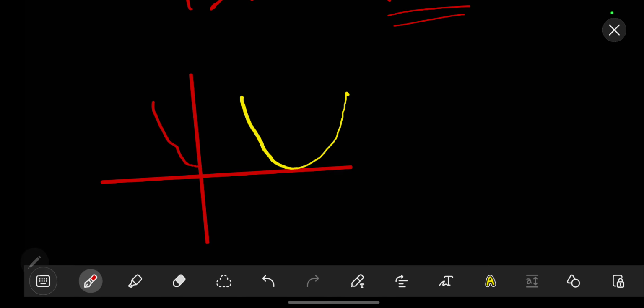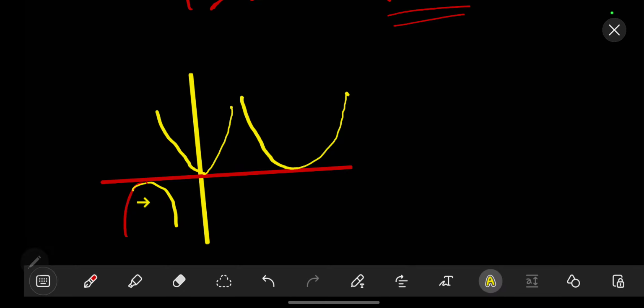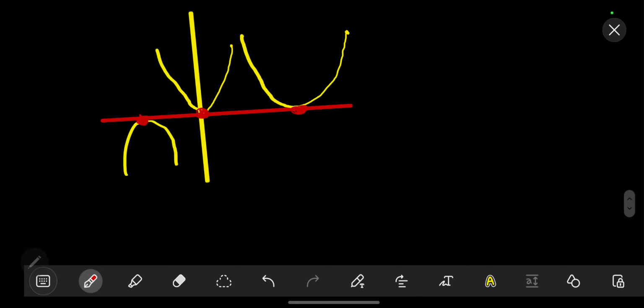It might be anywhere. It might be here, it might be here to just touch the x-axis like that. It might also be upside down where we could have something like this. So as long as your equation touches the x-axis, it simply means it only occurs at one point where it touches the x-axis, just one point. So it could be this, it could be this, it could be this type of situation.